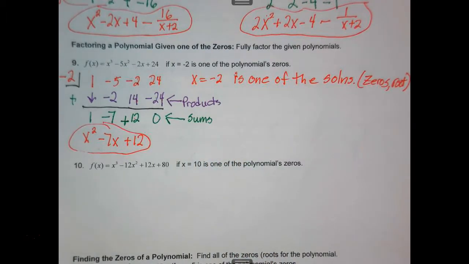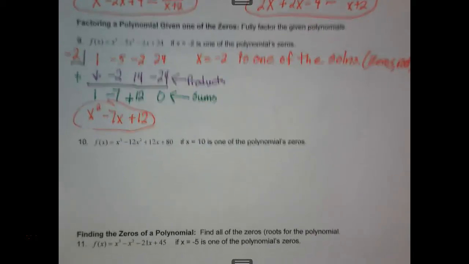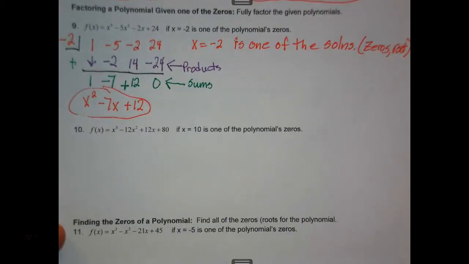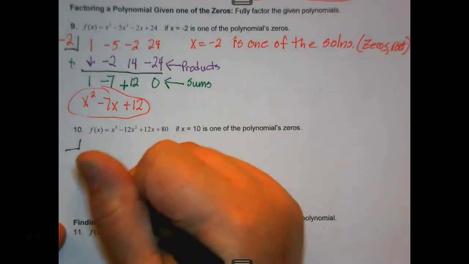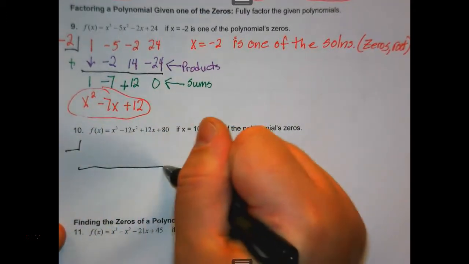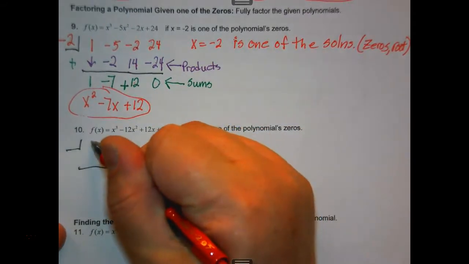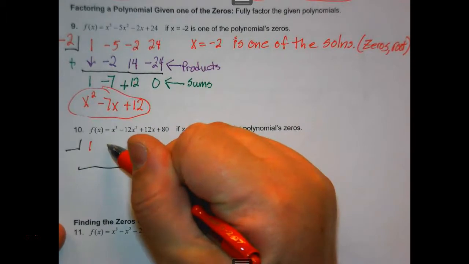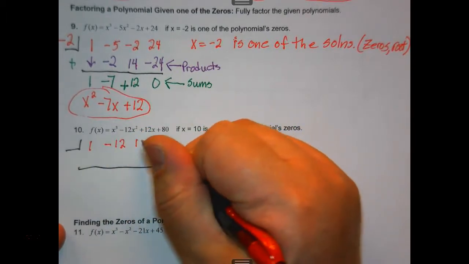Number 10. They're asking us, is x equal 10 one of the zeros or solutions? We're going to use synthetic division. What's the coefficient of x cubed? Coefficient of x squared. Coefficient of x to the first.